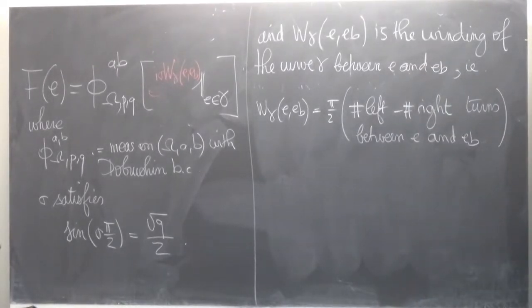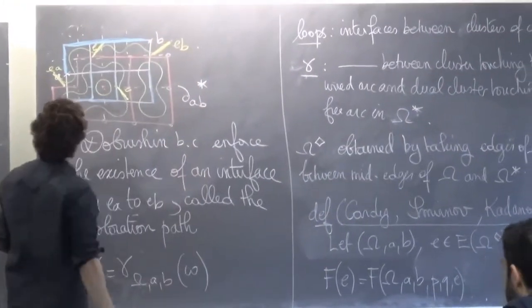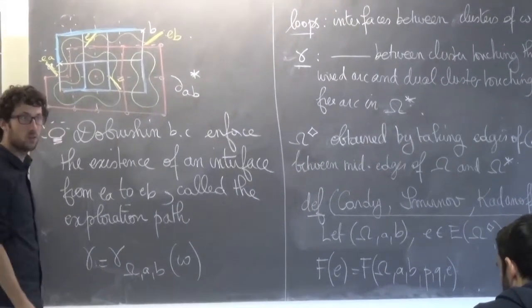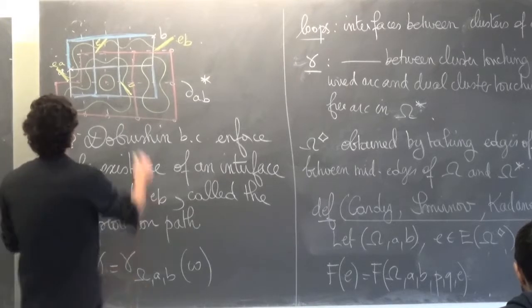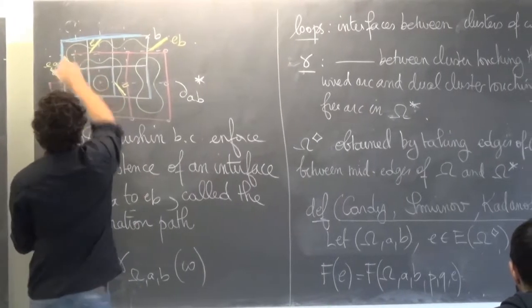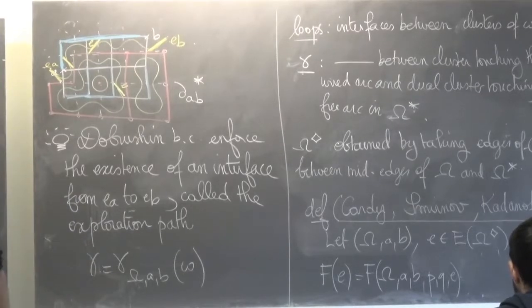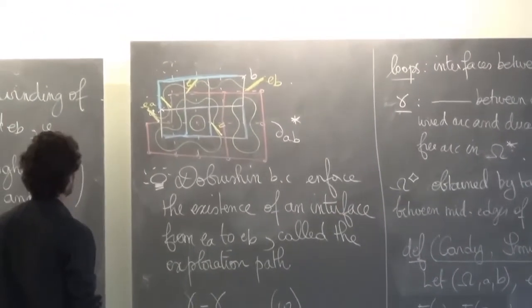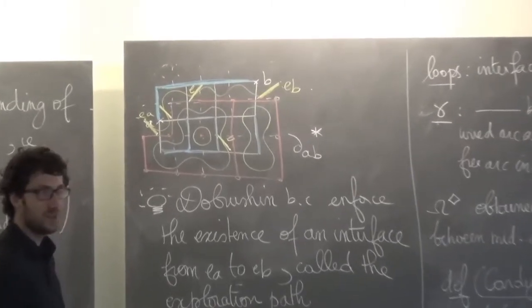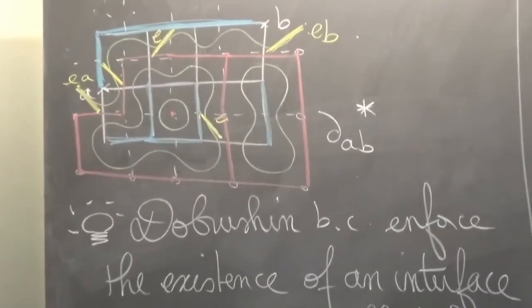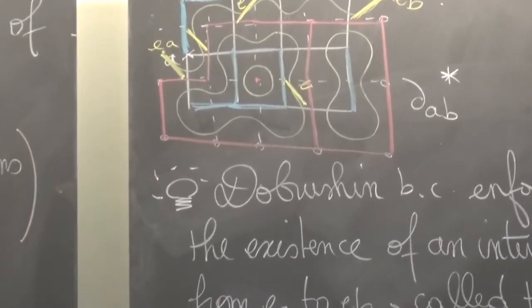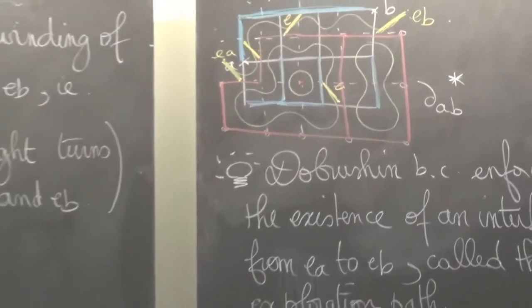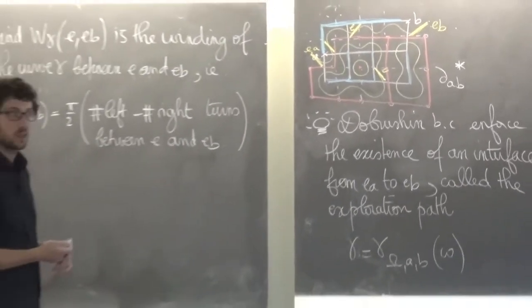So for instance, if I take this edge here, I have two turns on the right, two turns on the left, so I get a winding of 0. For this one here, if you check, you are going to have 2 turns on the left and 4 turns on the right, or something like this. 1, 2, yeah, something like that. So 3 turns on the right net, and the winding is going to be minus pi over 2 in this case, and so on.